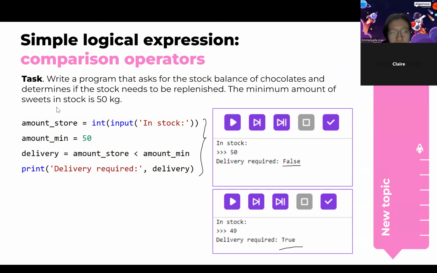We compare if the in stock amount store, when you input 50, is 50 less than 50? Because it's no, that's why it's false. For this one, the amount store is 49, and when they compare, is it less than 50? Yes, that's why it returns true. Okay.